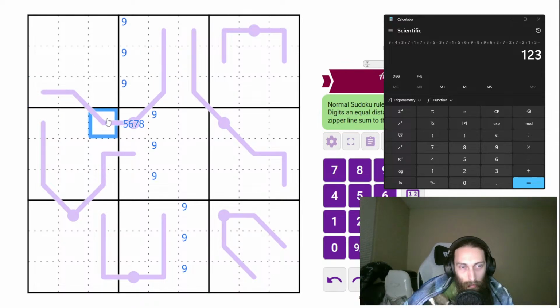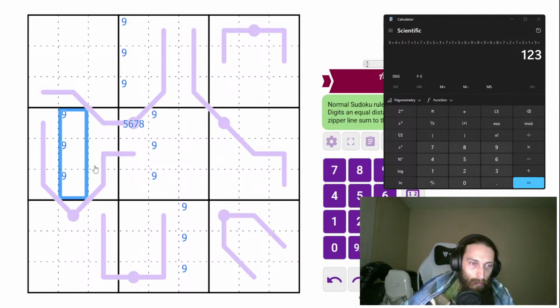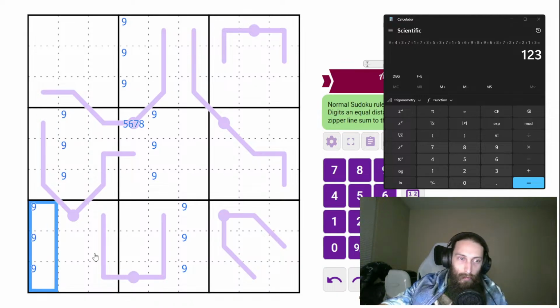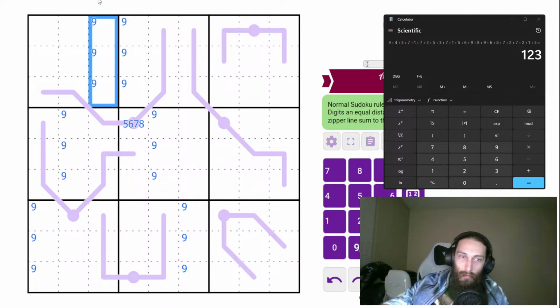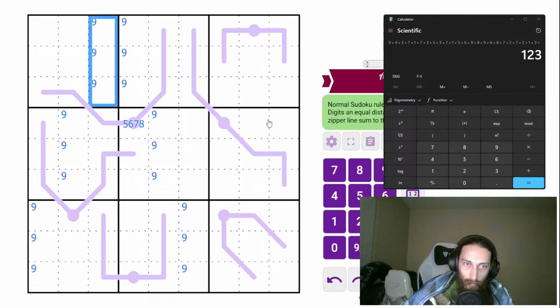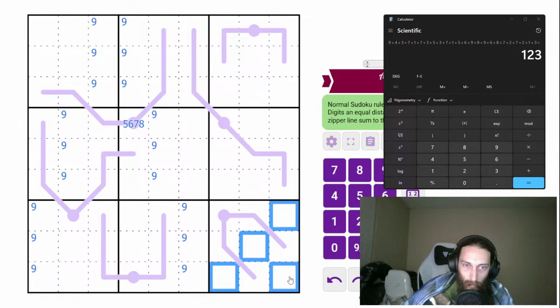Box 4, 9 is in the center column. Box 7, 9 is on the left. It's more complicated down here.